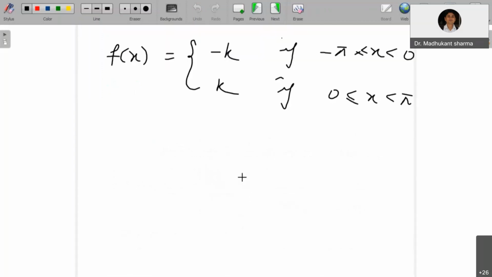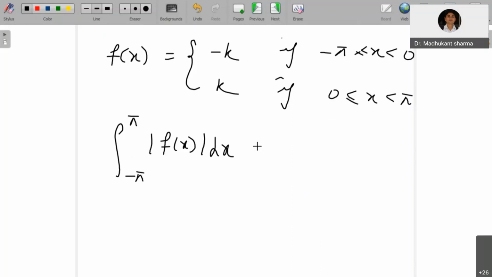Now we are interested in finding those Euler coefficients. First we have to verify the conditions known as Dirichlet conditions. The first thing is the integration from minus pi to pi of mod of f of x dx. This has finitely many points of discontinuity; it is a Riemann integrable function.